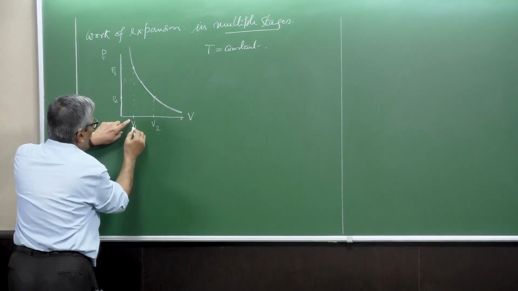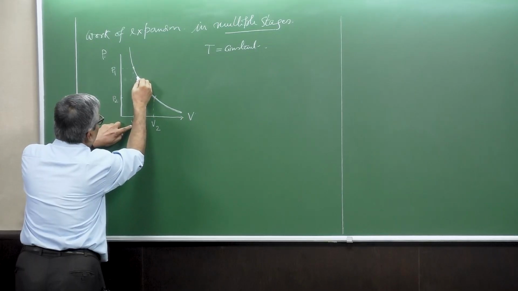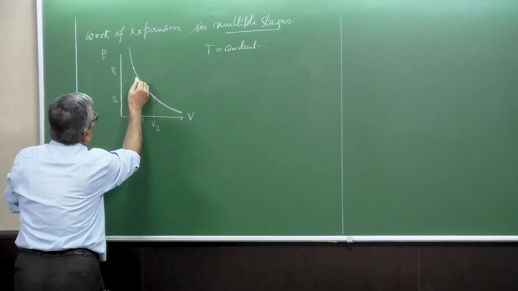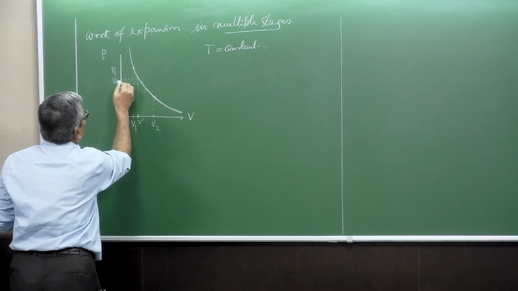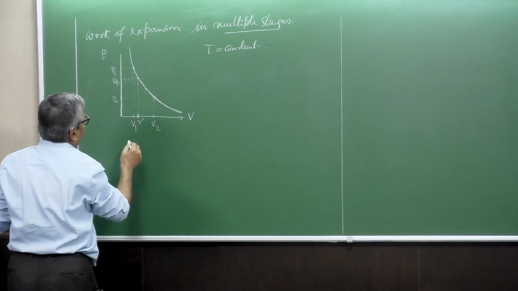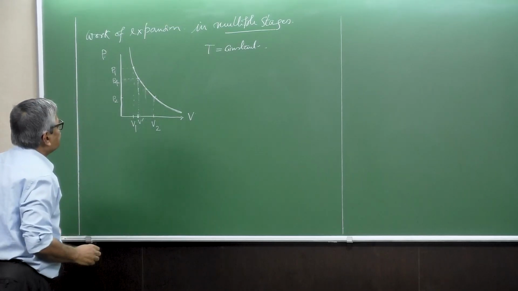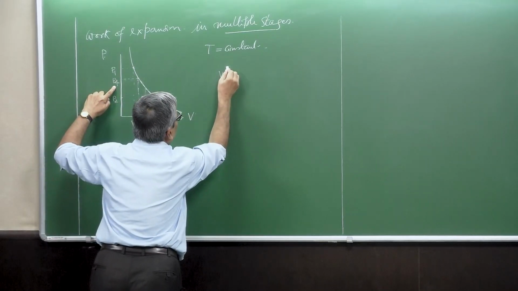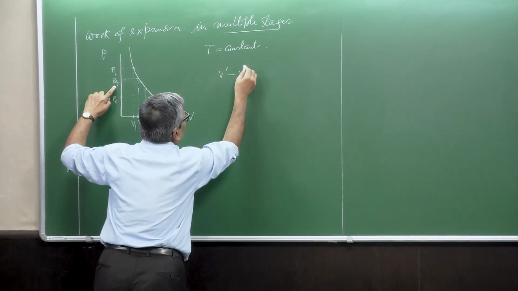Say I go from V1 to V prime in the first stage, so I have an opposing pressure, this P opposing. I want an expansion from V1 to V prime, so V prime is my final volume and V1 my initial volume.